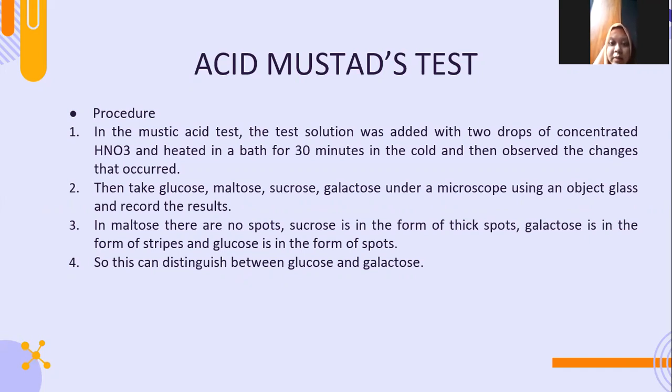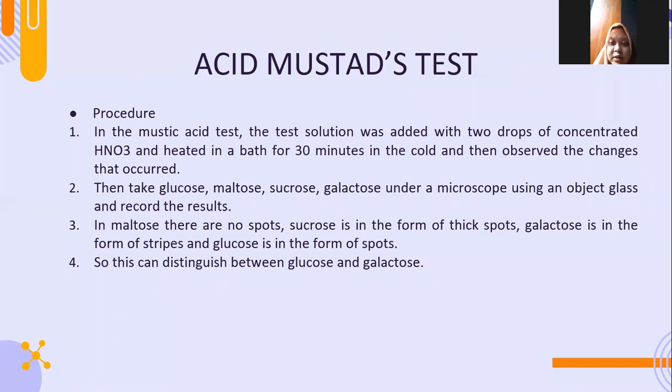Number 3, in maltose there are no spots. Sucrose is in the form of thick spots. Galactose is in the form of strips and glucose in the form of spots. Number 4, so this can distinguish glucose and galactose. Next.